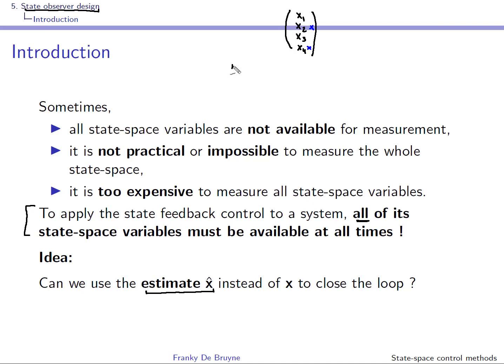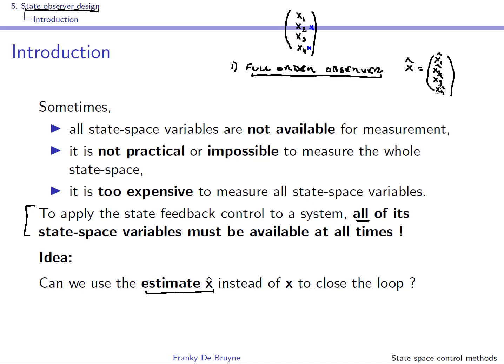The first alternative is a full order observer, and this will really estimate the whole state. Okay, so you'll have estimates for x1 hat, x2 hat, x3 hat, and x4 hat. You notice that, well, even if x2 and x4 are available for measurement, they are still being observed.